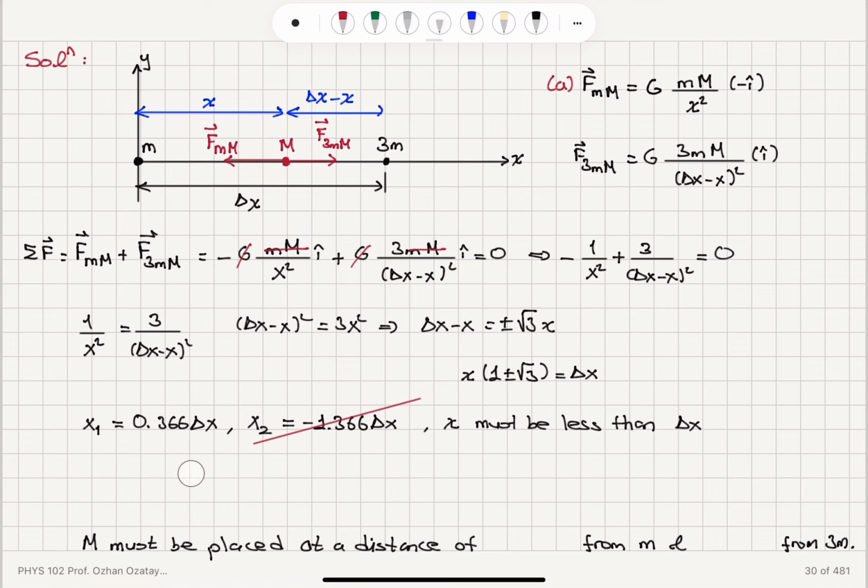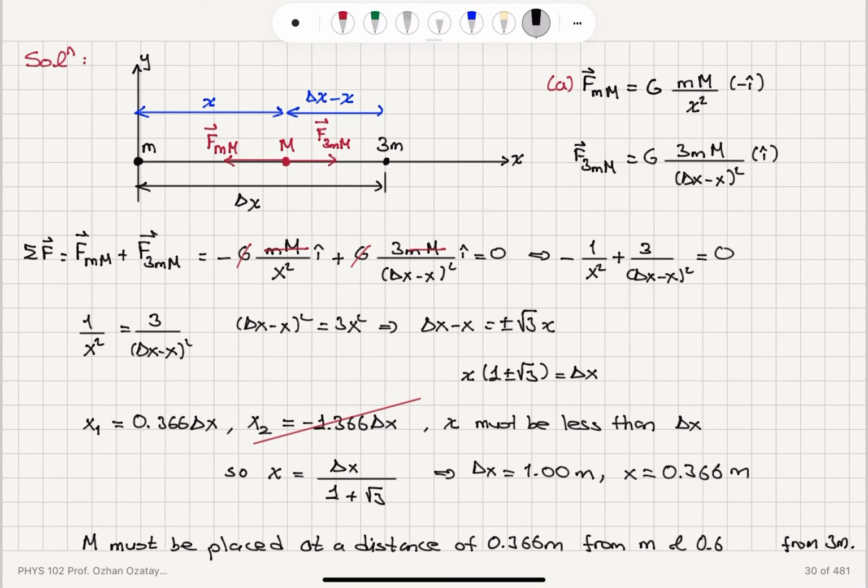So we find that the position of capital M is x equals delta x divided by 1 plus square root 3. And for delta x equals 1 meter, this corresponds to an x value of 0.366 meter. So capital M must be placed at a distance of 0.366 meters from M and 0.634 meters from 3M.